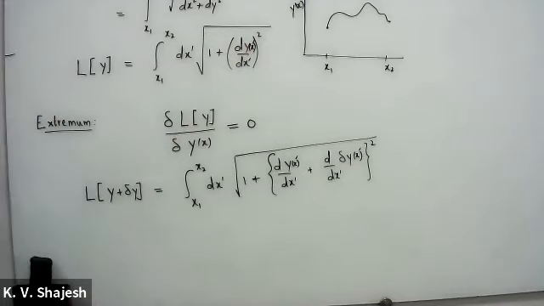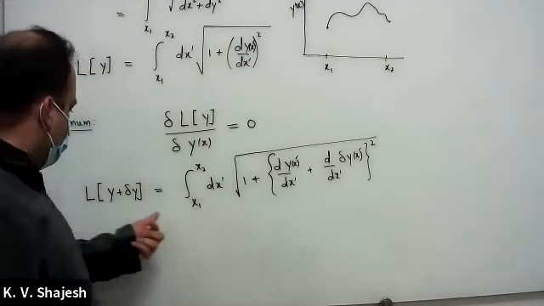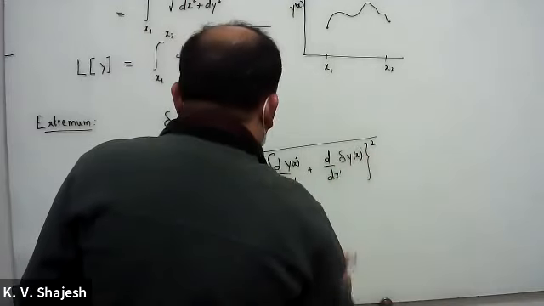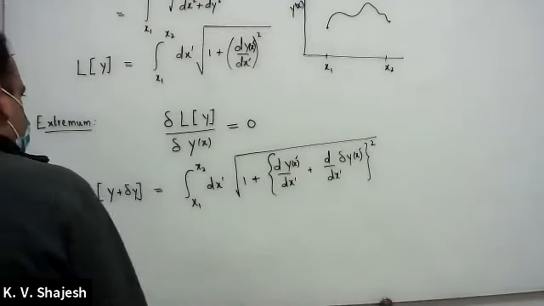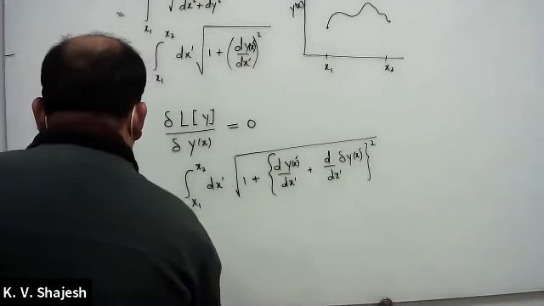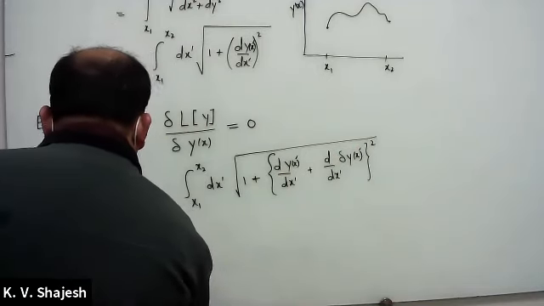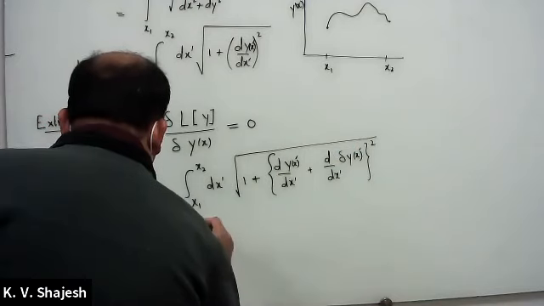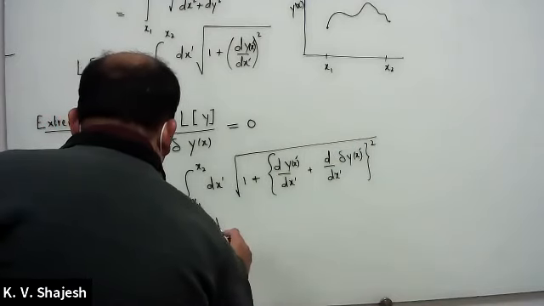Since we are making a small change, I want the leading order contribution after I subtract. I need the next to leading order, because the leading order will subtract out when I subtract the L of y. So we want the delta y contribution. This is a square root. Expand this out. So that's equal to the integral from x1 to x2 of dx prime.